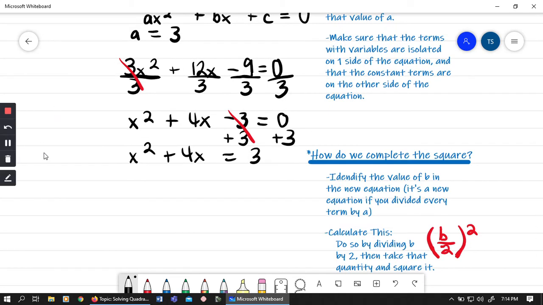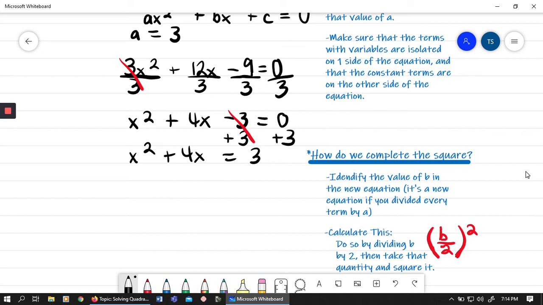Okay, so let's look at exactly how that's going to look. We've got this new equation here, and let's identify what b is. Right now it's in the form ax squared plus bx, and it is technically equal to negative c.